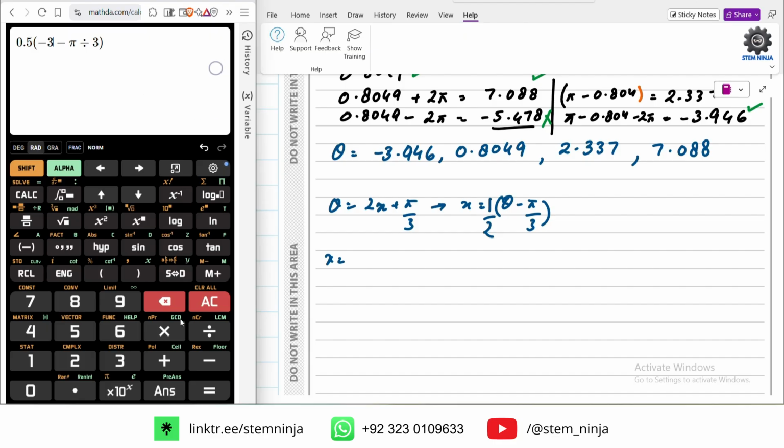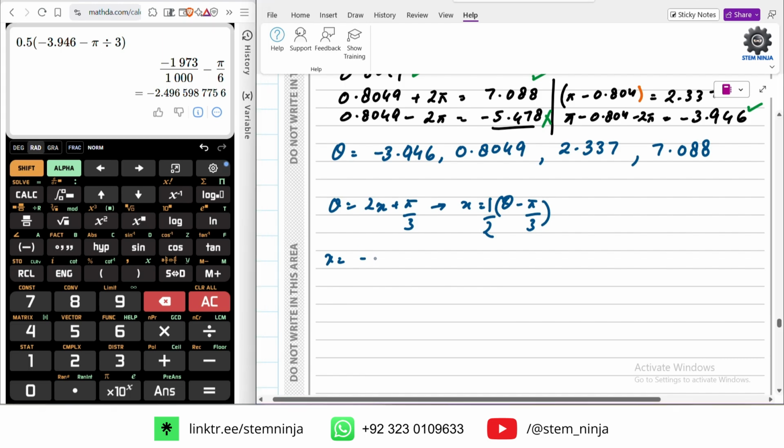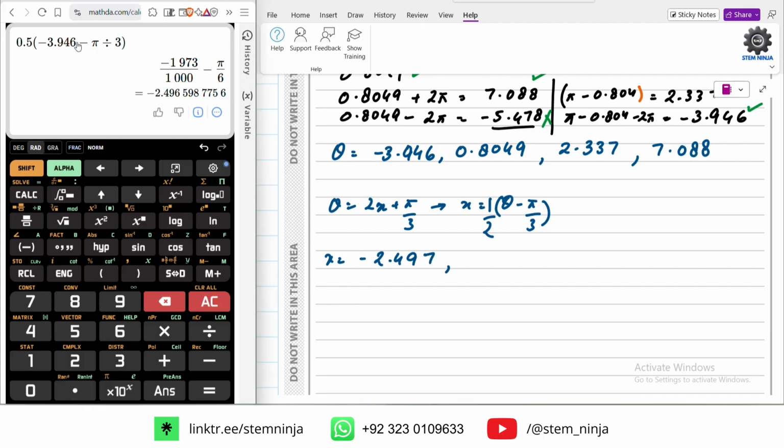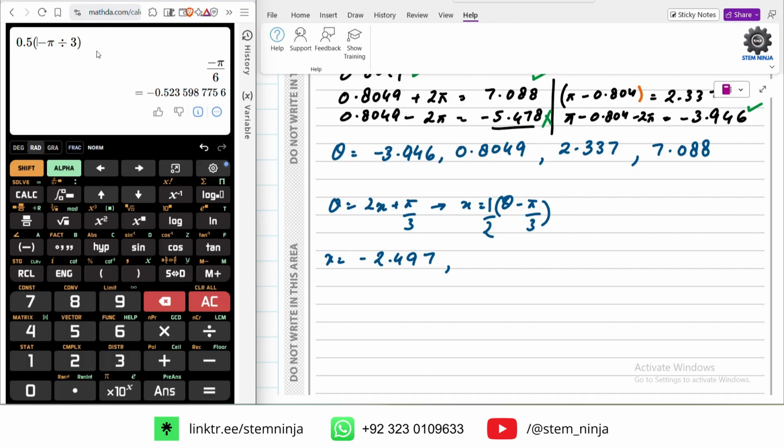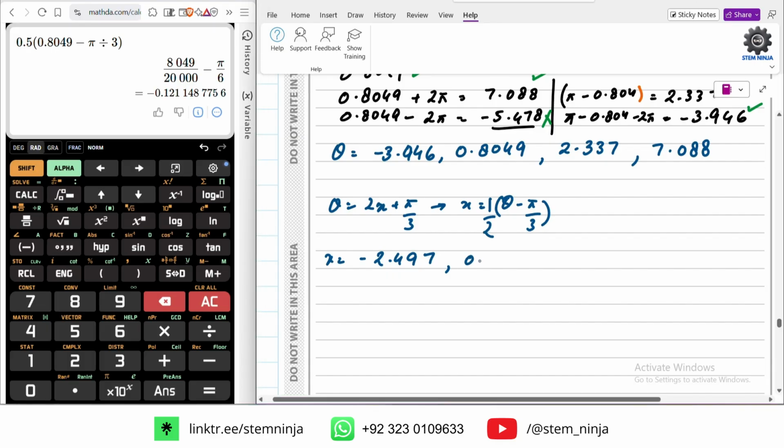Now theta one by one, so minus 3.946. The one value is minus 2.497. We'll round it in a second. We just first need the values. 0.8049. This is minus 0.121.